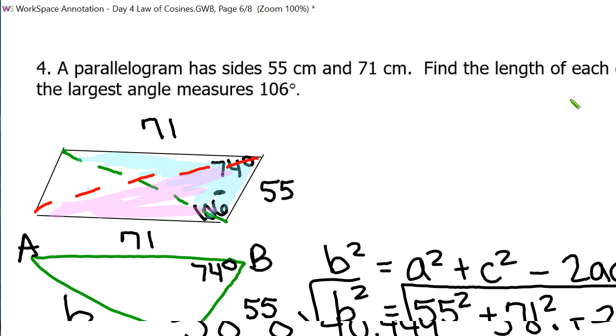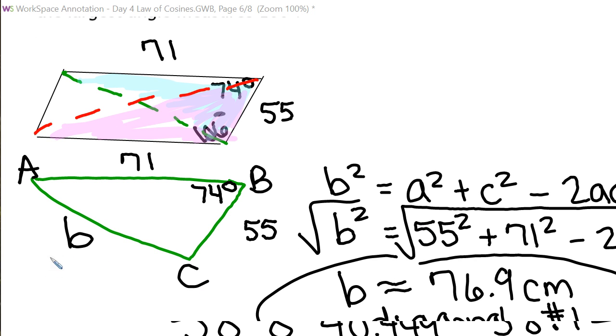The right side is 55. And I'm going to call this triangle A, B, C. I want you to solve for that diagonal, which is side C.